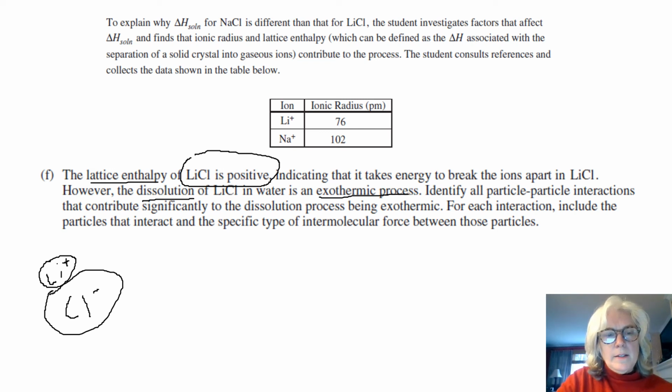Those are ionic attractions between those two ions. And then I've got my water molecules, and there's an attraction between the water molecules.